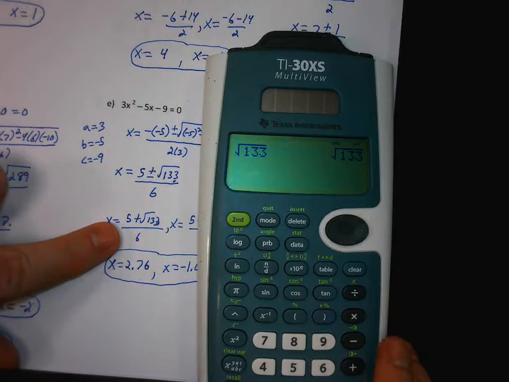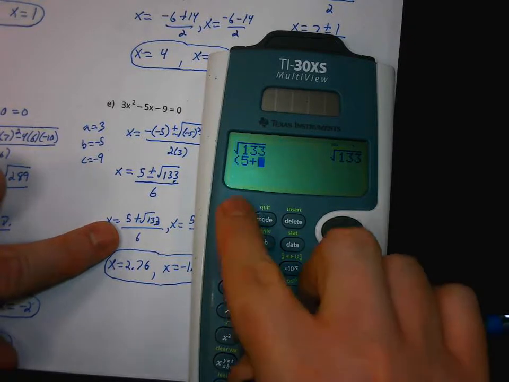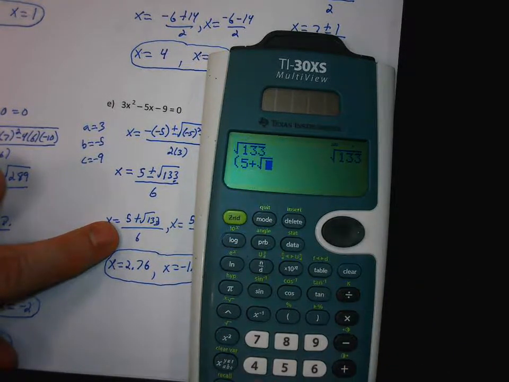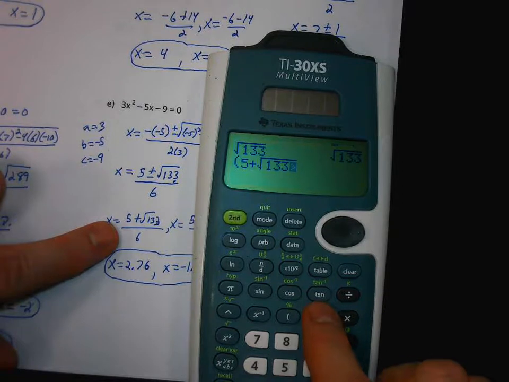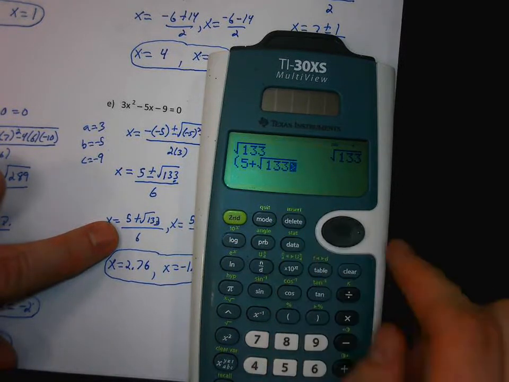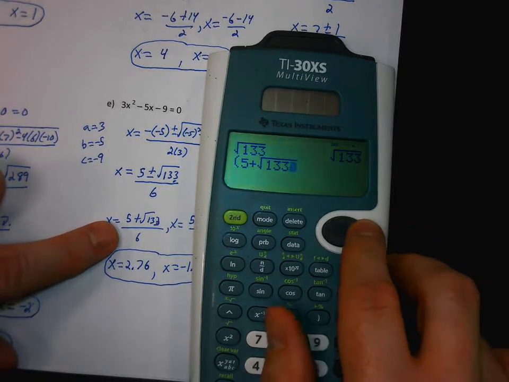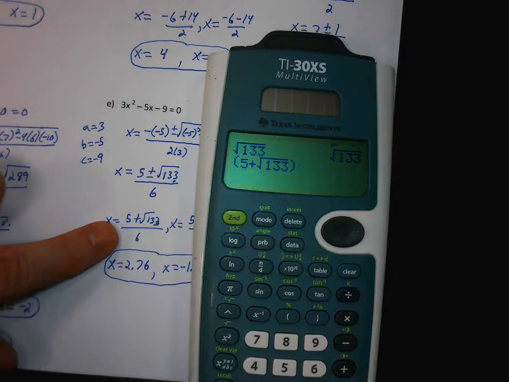So the way you can do that in your calculator, we do 5 plus the square root of 133 and then divide by 6. Parentheses, 5 plus the square root of 133. After you do 133, use your arrow key to go to the right and then the parentheses and then divide by 6.